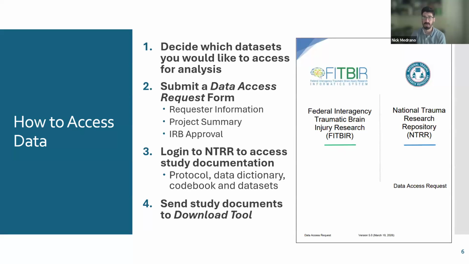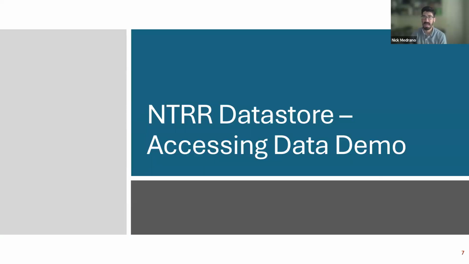You can send these to a separate tool where you can then download them to your computer. So it's a very straightforward process, and as Michelle stated at the beginning, we're here to make it as easy as possible for you to get access to it and be able to analyze these data sets. So with that, I'm going to jump into a quick demo going through this process for, once again, accessing the data.